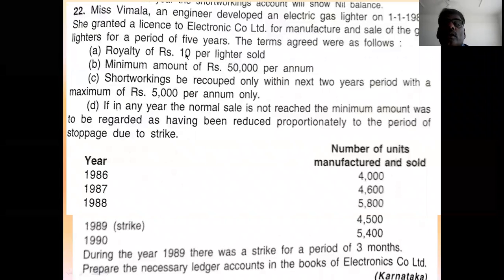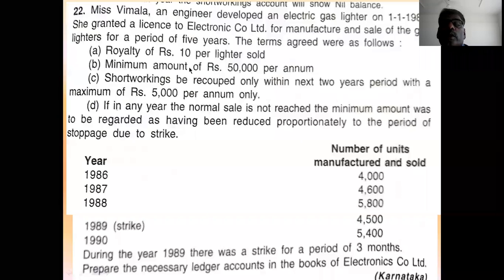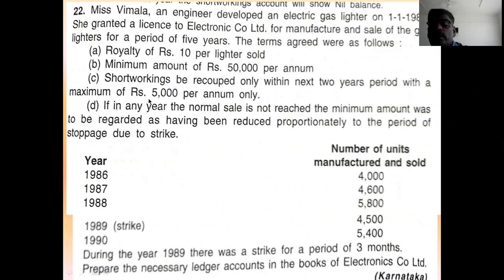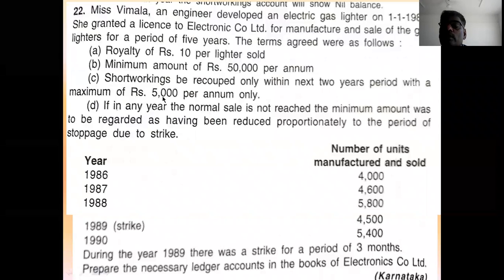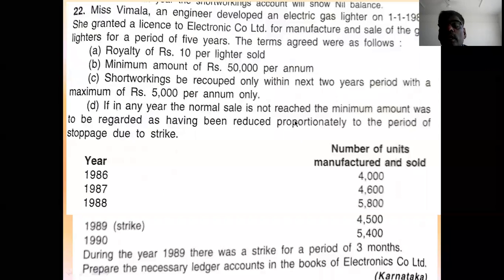The rate of royalty is 10 per lighter, minimum rent is 50,000, and recovery of short working is in the next 2 years, but the restriction is a maximum of rupees 5,000 per annum. They are permitted to recover short working in the next 2 years with a maximum of rupees 5,000 only, not more than 5,000 per annum. And regarding the strike, you have to recover this.